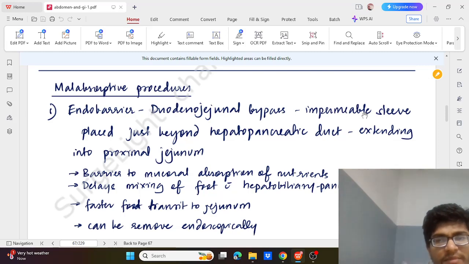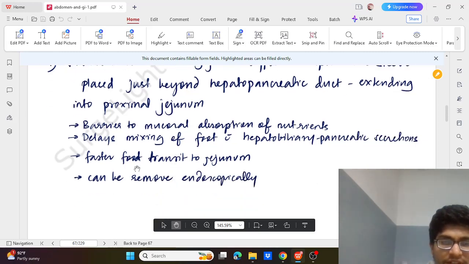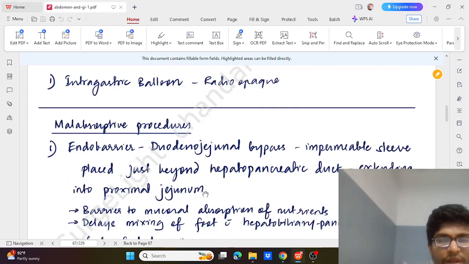It's an impermeable sleeve placed just beyond the hepatopancreatic duct, extending from the duodenum to the proximal jejunum. It is a barrier to mucosal absorption of nutrients and delays mixing of food with the secretions, so food is transmitted faster to the jejunum. It is placed and removed endoscopically.